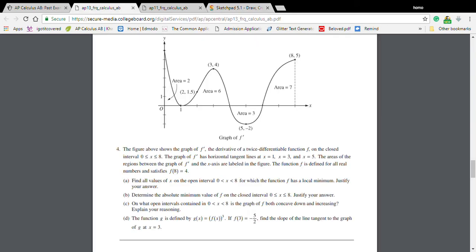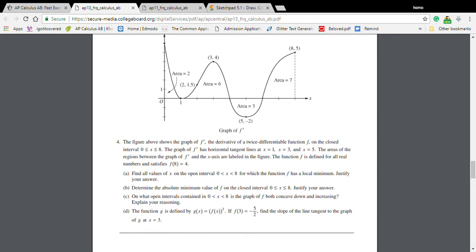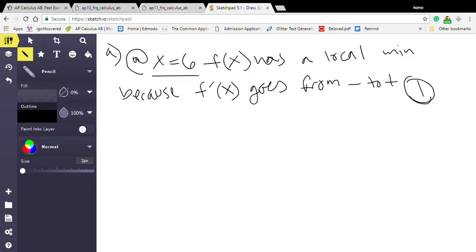Now look at B. It says determine the absolute minimum value of f on the closed interval 0 to 8, and then justify your answer. In order to find any absolute minimum or maximum, we have to consider the endpoints.